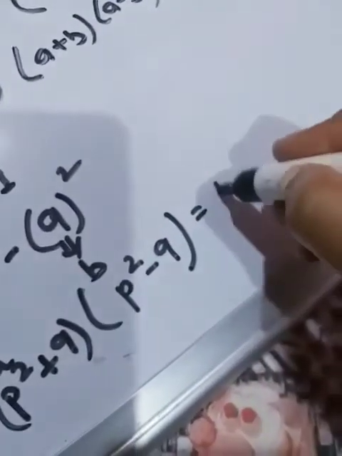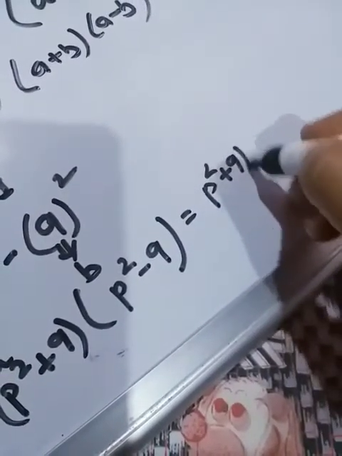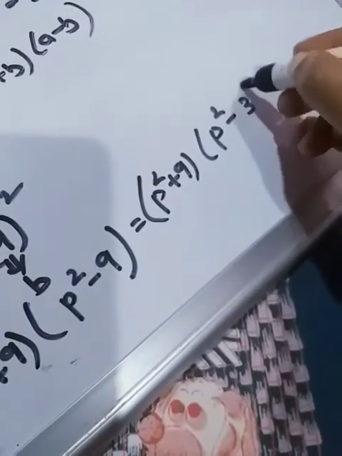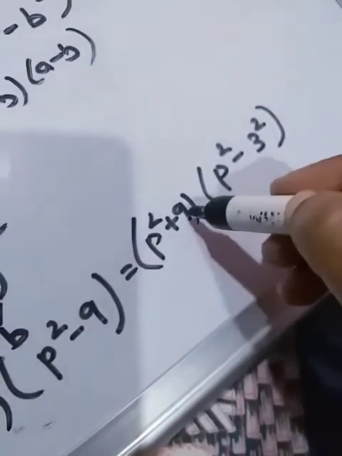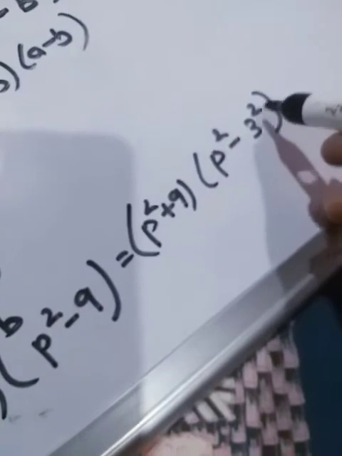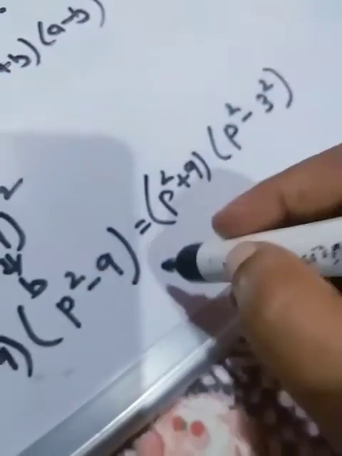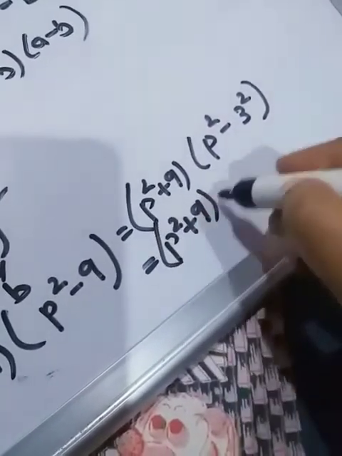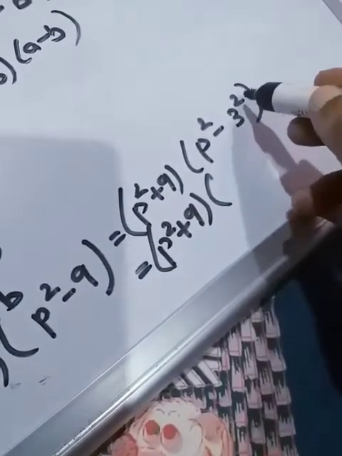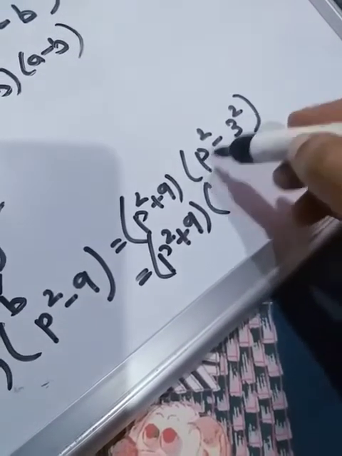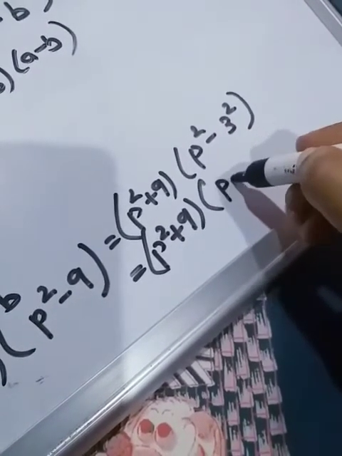How? See, p square plus 9 is the first part. Now, in place of 9, we can write 3 square, because 3 squared is 9. So if we write 3 square in place of 9, we can observe that it is again in the form of a square minus b square, so we can split this part. Here p will be considered as a and 3 would be considered as b.